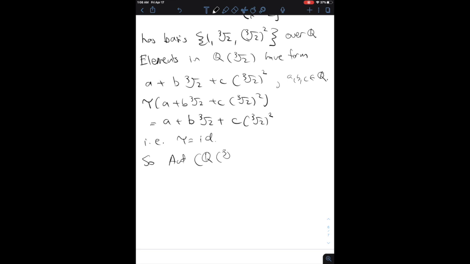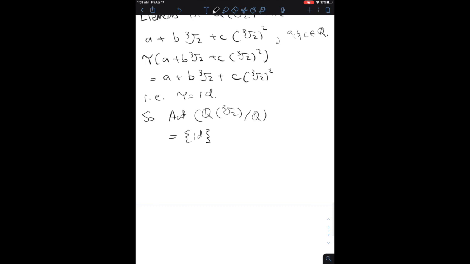So in this case, there's just one element in the group of automorphisms of the field extension. This group is the identity, a group with just one element.